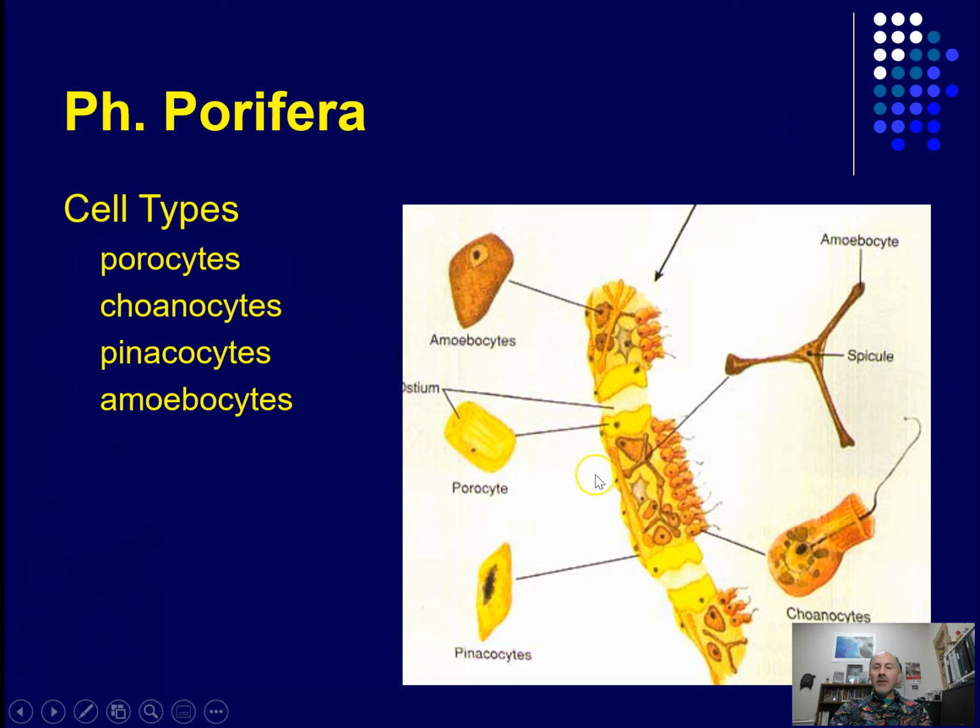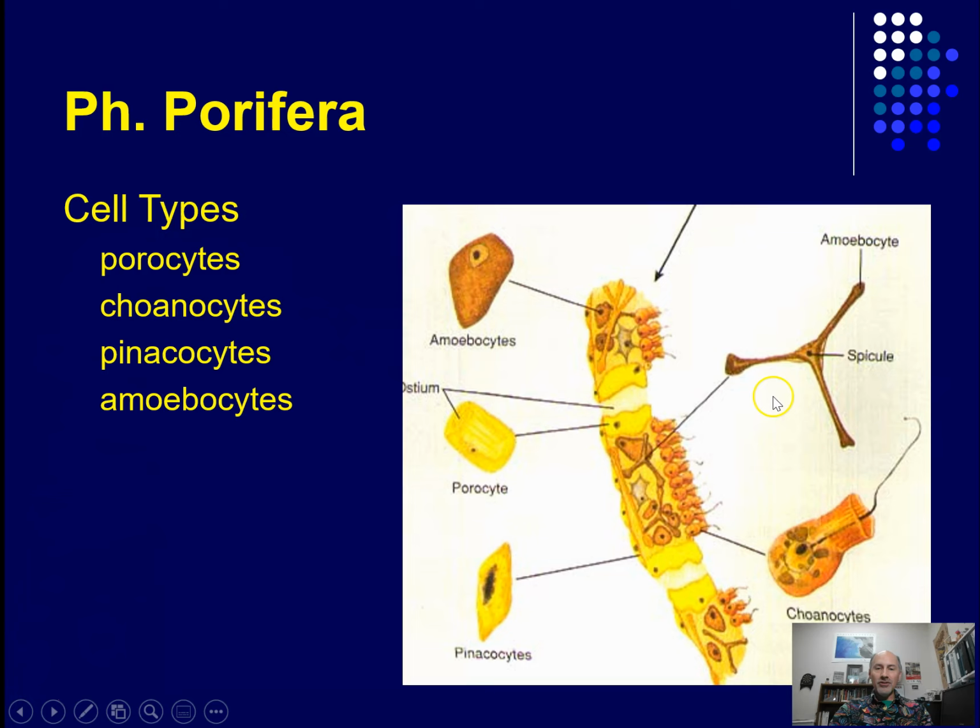The last thing amoebocytes are known for doing is that they help with a lot of the internal structure of the sponge itself. Here we see over on the right side an amoebocyte that is secreting an item known as a spicule. Spicules are sort of like an endoskeleton. They're fine little crystals made out of different materials depending on the classification of the sponge, and they also have different shapes and sizes.